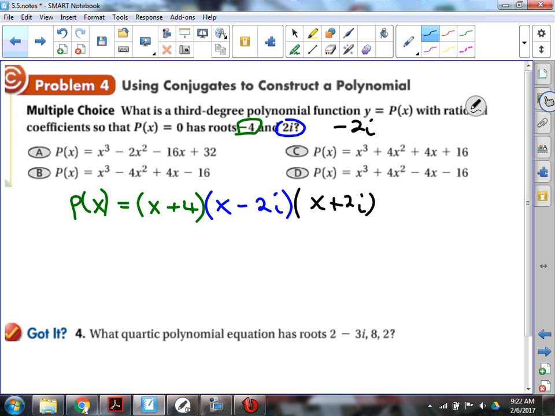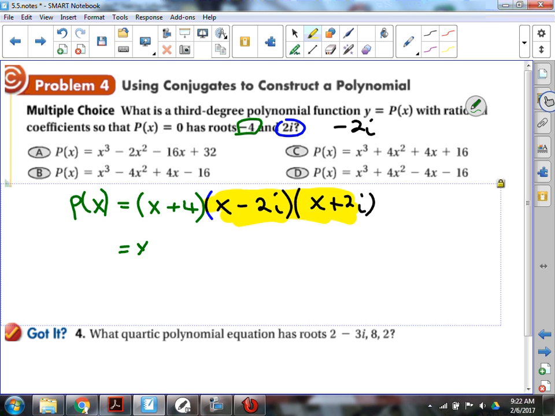So it makes sense to FOIL a pair of these first, either this pair, or maybe the first one with the last one. Which one makes sense more to FOIL first? These two or these two? Those two? Okay, so let's go ahead and FOIL that.